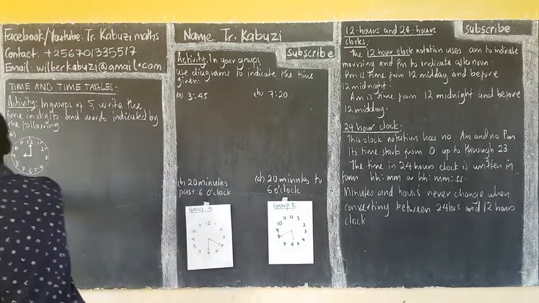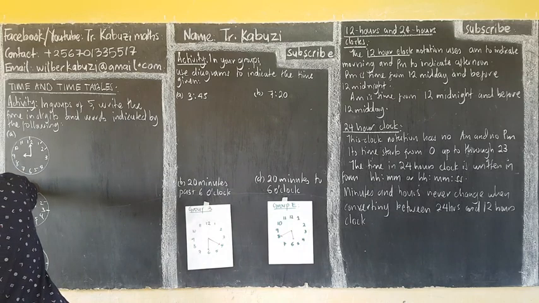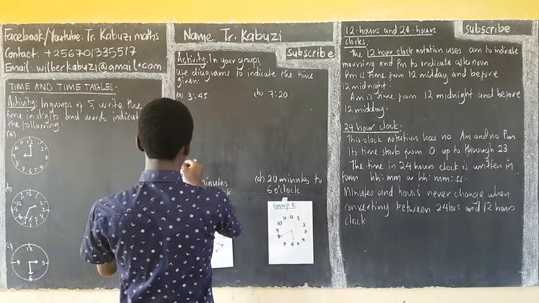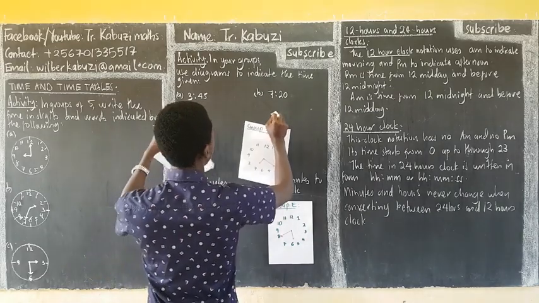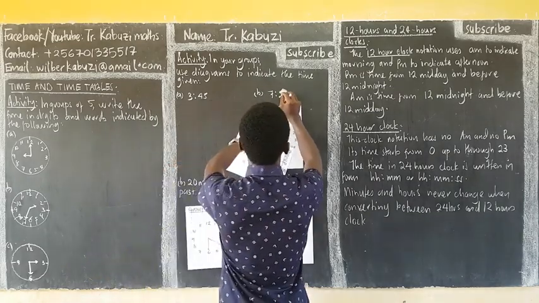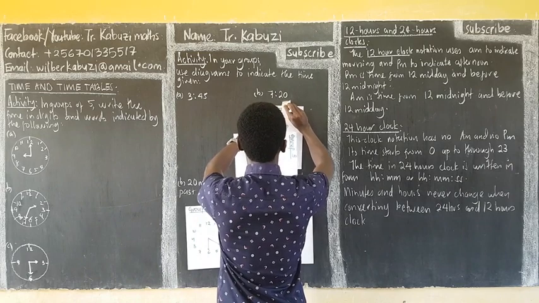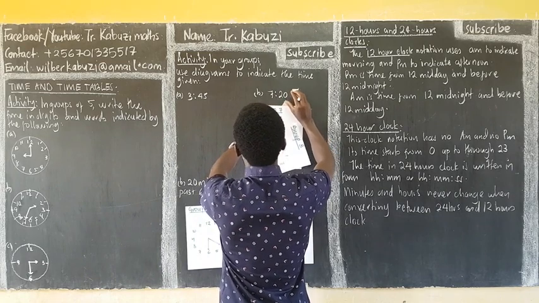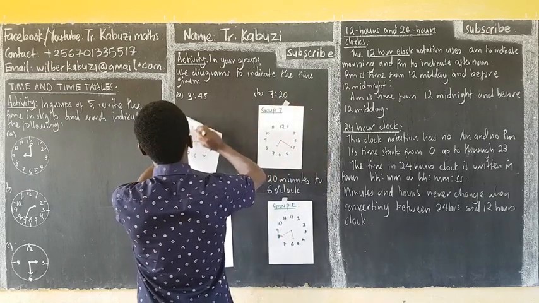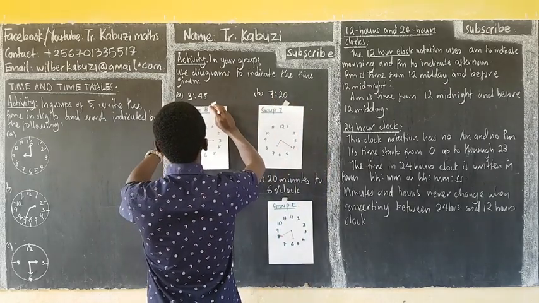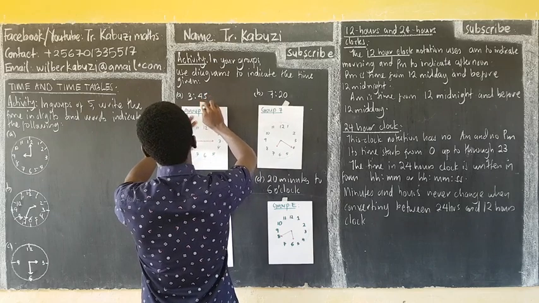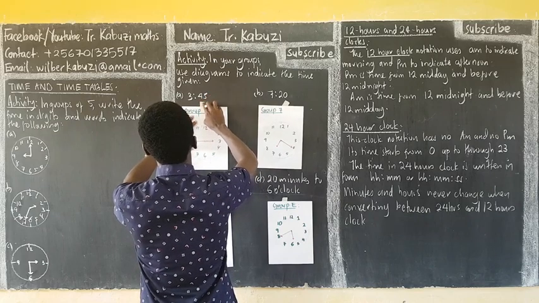Then we have 4 and 7, I mean B and 7. So this is D, and then this is 7, I mean this is B. This is what we have here.